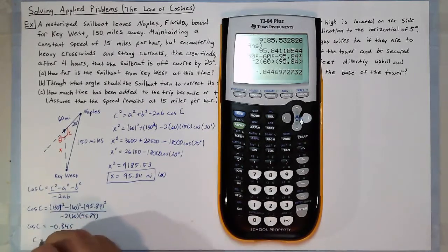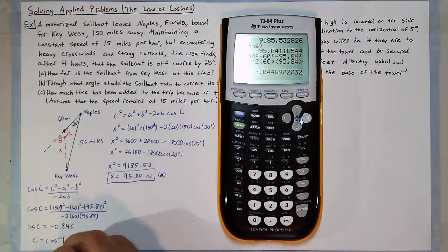So C is equal to the cosine inverse of negative 0.845.